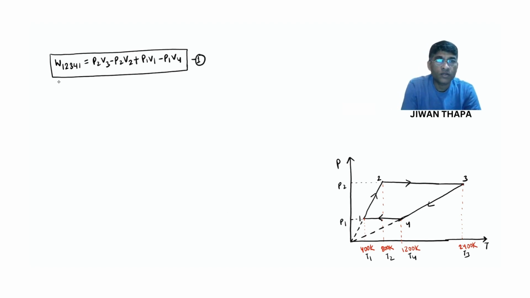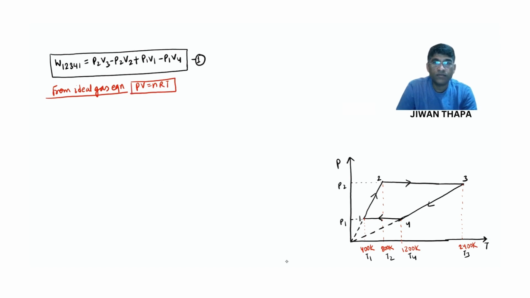Now, from the ideal gas equation, we have PV equals nRT, and from the question, n equals 3. So we are going to use the ideal gas equation for state 1, state 2, state 3, and state 4.